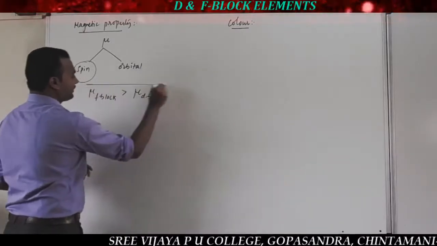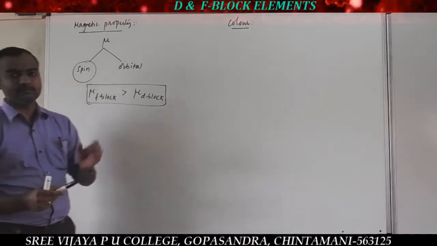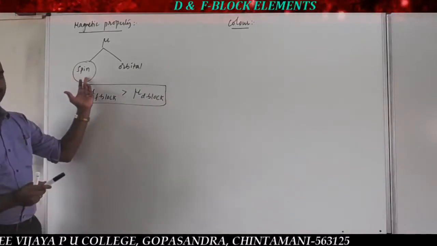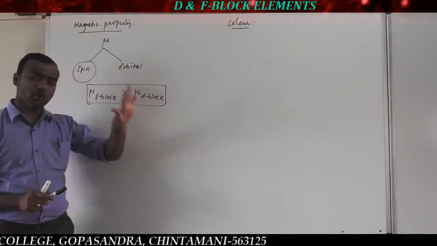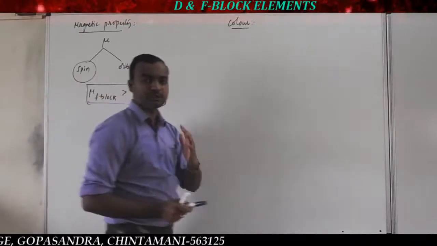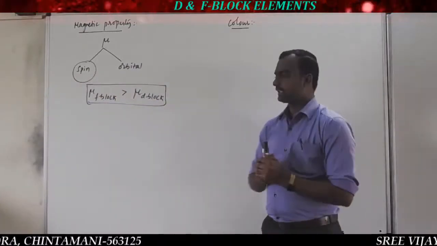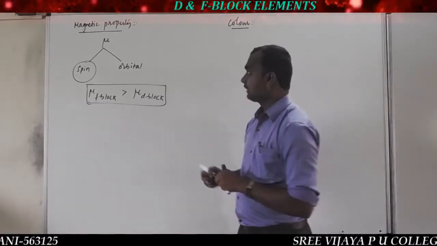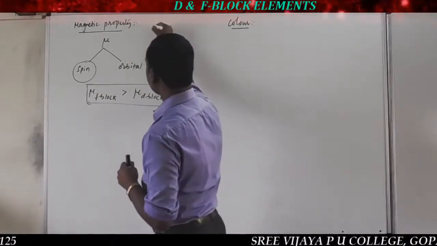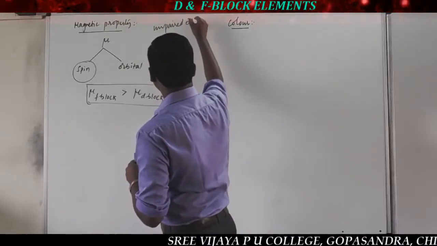Why? Because in the d-block elements only the spin contribution is considered, but in f-block elements we consider both spin and orbital contributions. And the magnetic property is mainly because of unpaired electrons.